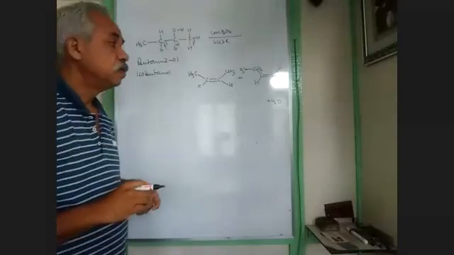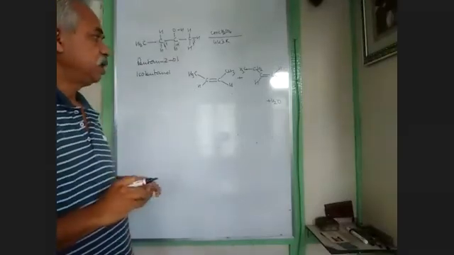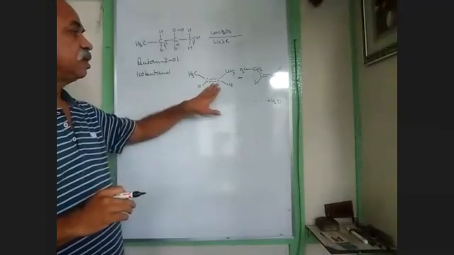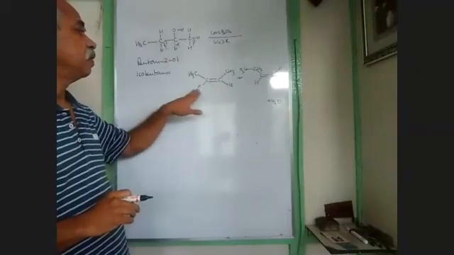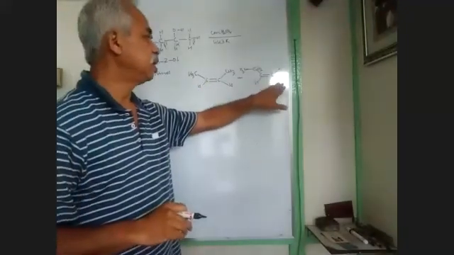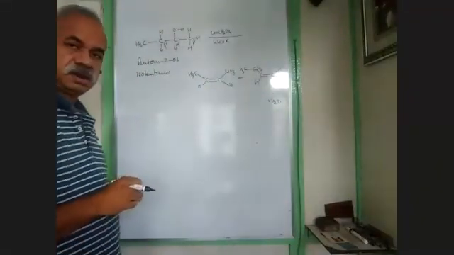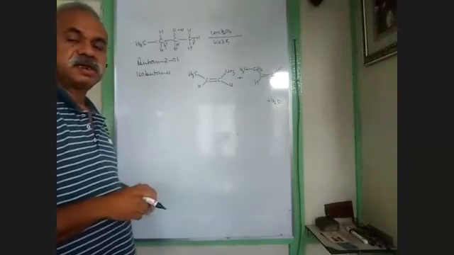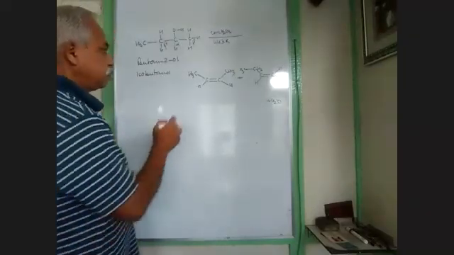I told you that this follows the Saytzeff rule. See, this alkene is more substituted. Why? Because it has less hydrogen on the vinyl carbon. This is having 2 and this is having 3. So this is less substituted and this is more substituted. In that case, according to the Saytzeff rule, this is going to form in more amount. So what is the name of this?